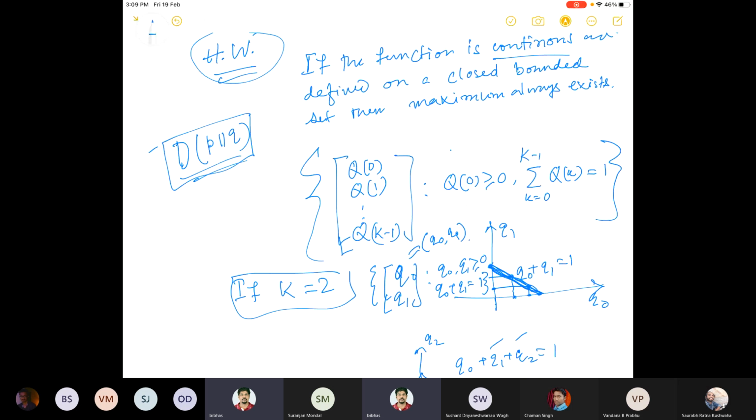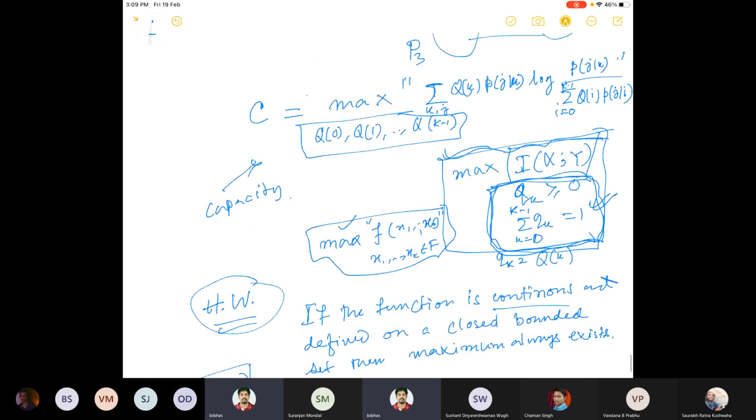Now, what is the meaning when you say that this is the capacity? Just remember that we said we can transmit the input data through the noisy channel reliably.